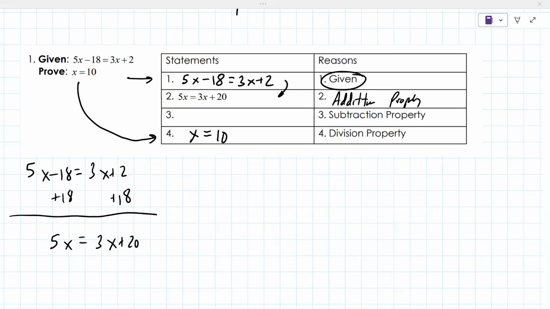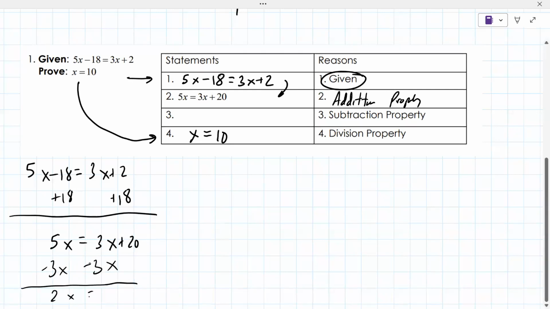So the next thing here is, what are you going to do to solve this equation? What do you see as the next thing to do? Add 3x to both sides, or subtract 3x from both sides. Subtract 3x from both sides. And does that match?